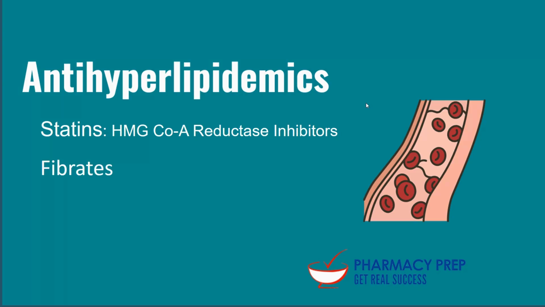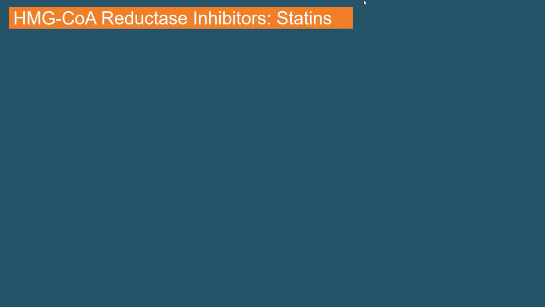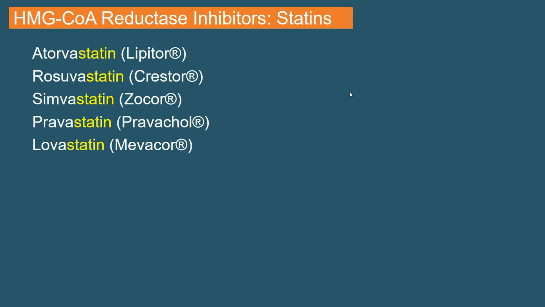The other drugs in this category are fibrates, also known as fibric acid derivatives, cholesterol absorption inhibitors, and a new class of drugs, the PCSK9 inhibitors. First, let's start with the HMG-CoA reductase inhibitors. In short, they are known as statins.